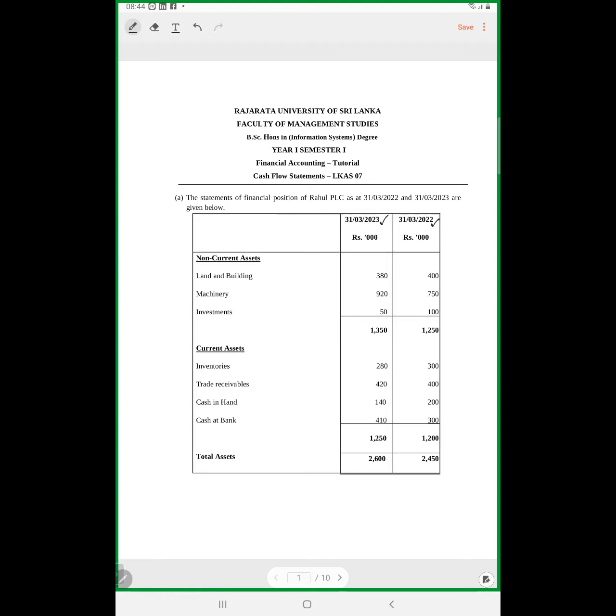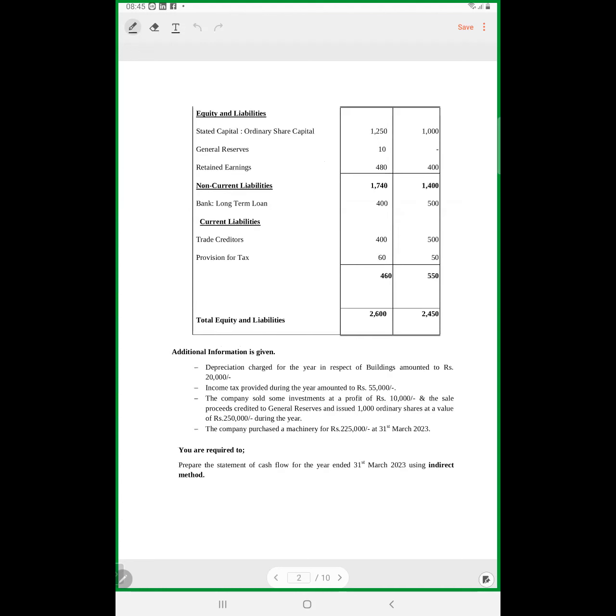And land and building, machinery, investments. Then after current assets: inventory, trade receivable, cash in hand, cash at bank. Everything you can see in the financial position. When it comes to equity and liabilities: stated capital, general reserve, retained earnings, non-current liabilities, current liabilities. All the information is given.